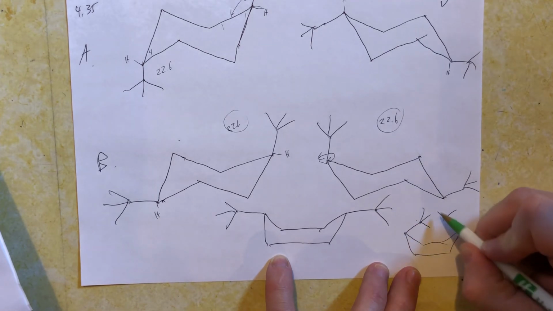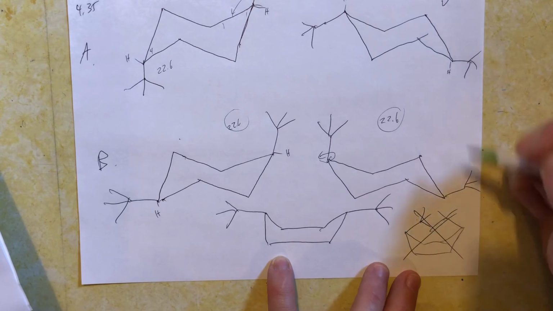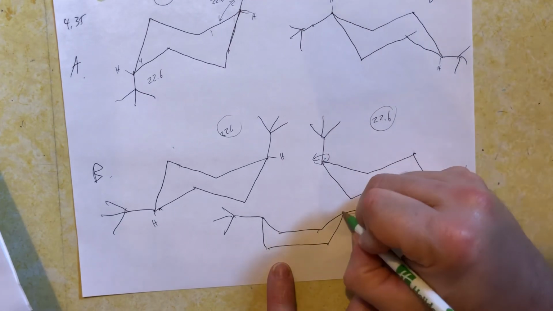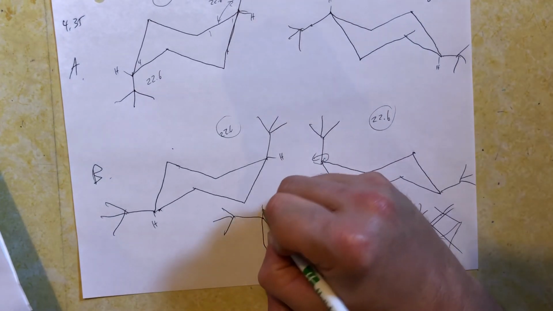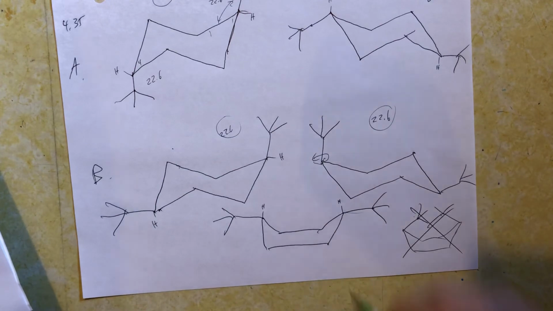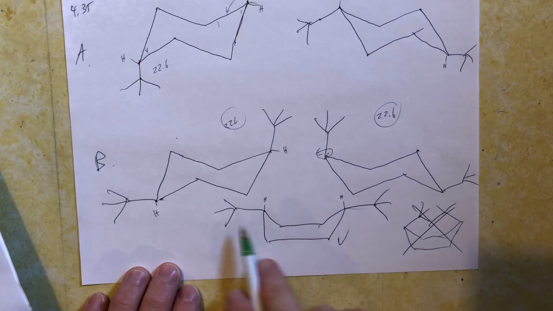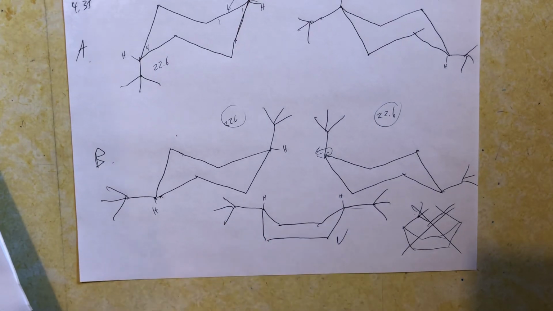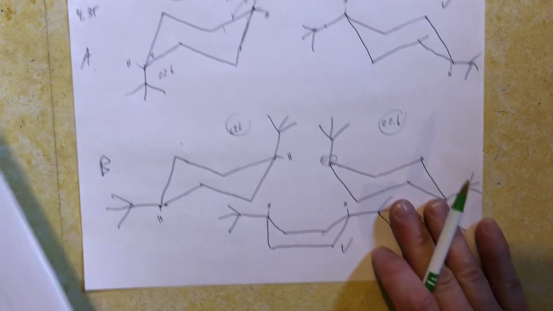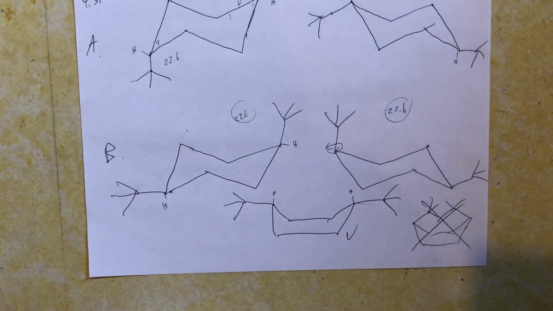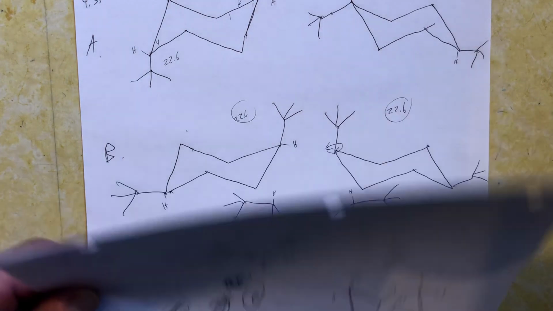This would be impossible to do. But the twist boat where they're both in equatorial and you have a hydrogen up here on the axial positions. So this is definitely what it's going to do, because it gets those isobutyl or tert-butyl groups away from each other. Okay? So I'll do the next part, cis-trans stereoisomerism, and the other questions on the next video here, if I can fit it in one.